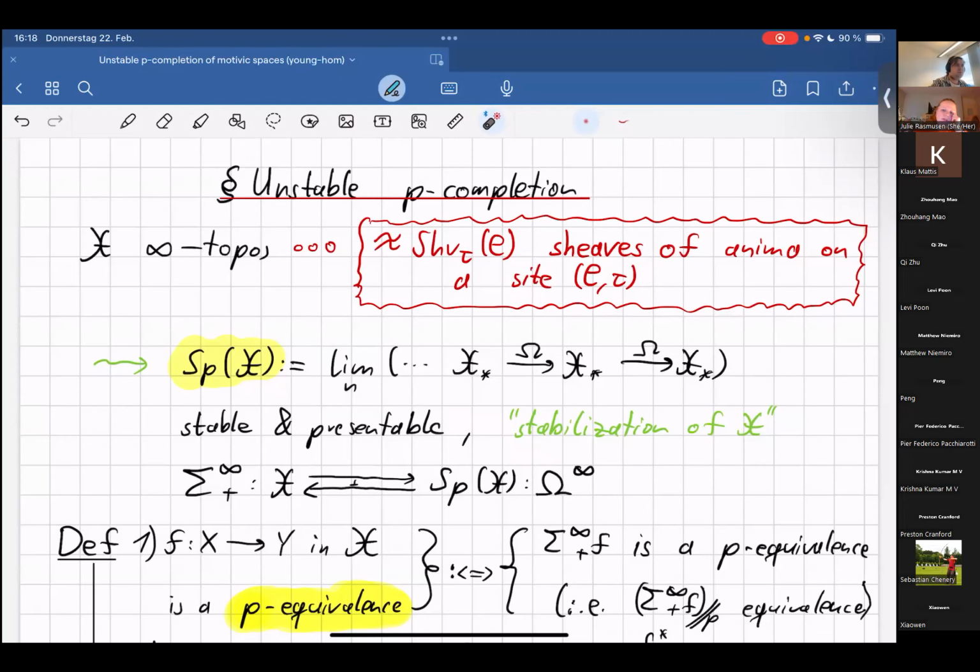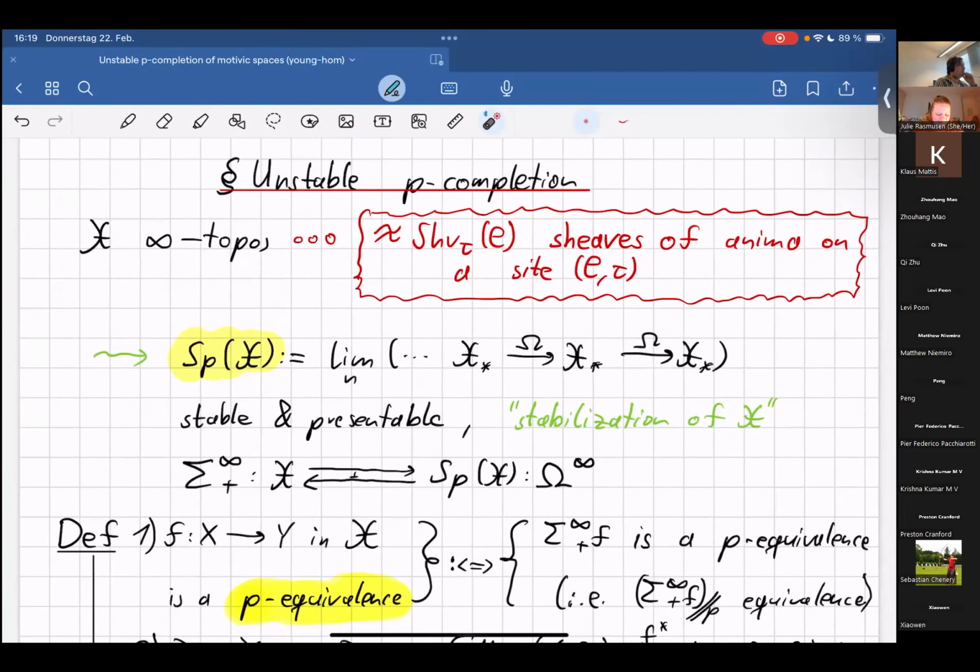Do you know, does that agree with the one you talked about here? I guess in spectra this should give you the same thing, but in other categories I'm not sure. Okay. But as far as I'm aware, in spectra this is the same thing. Yes. Okay.